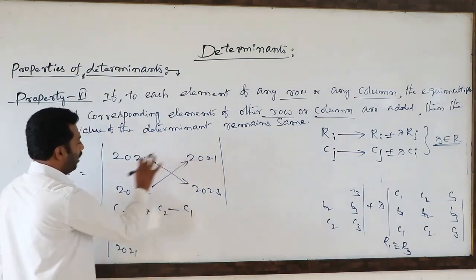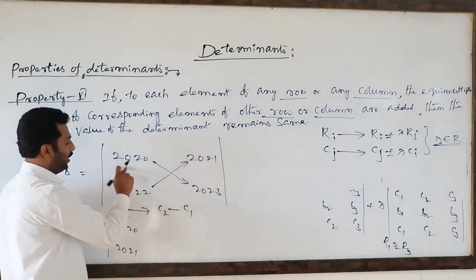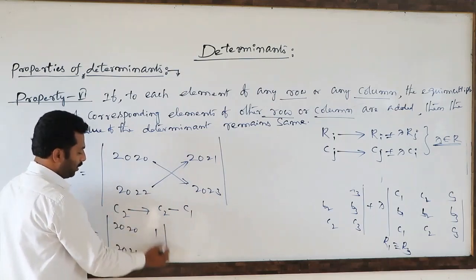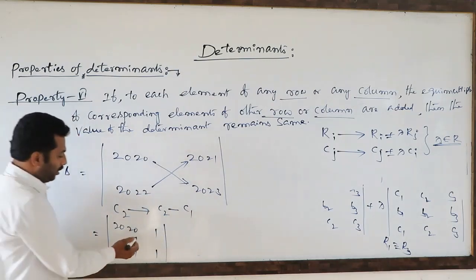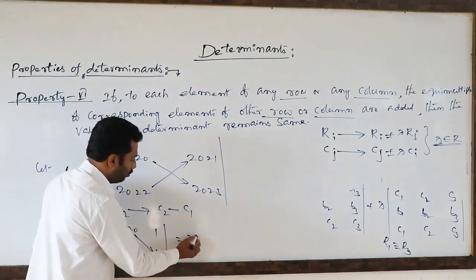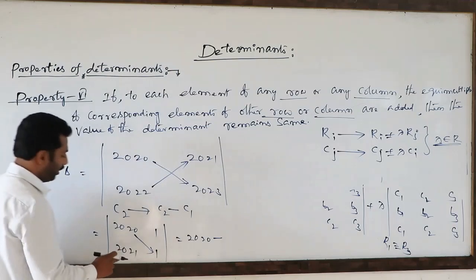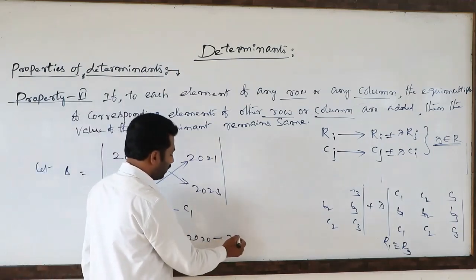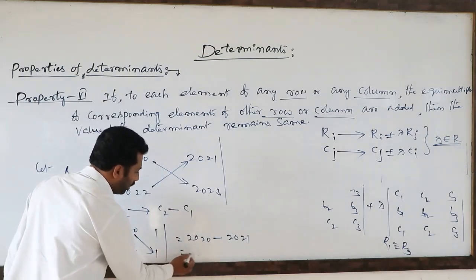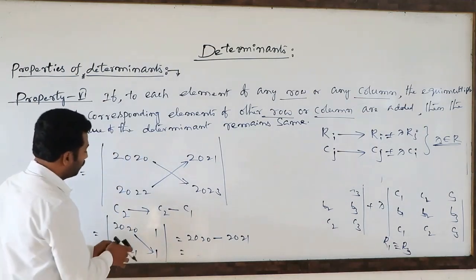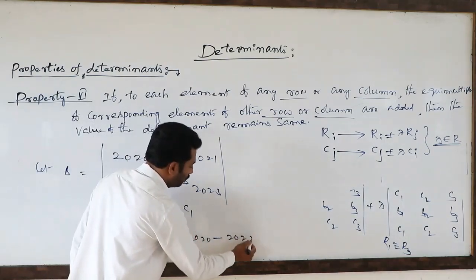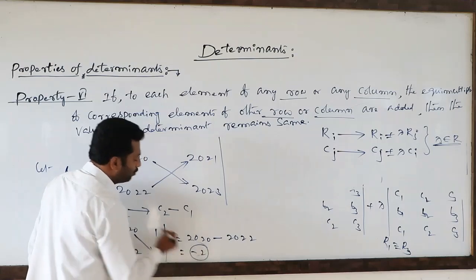Then C2 minus C1 means 2021 minus 2020, which is 1, and this is also 1. Now the product of the principal diagonal elements, 2020 times 2022, minus the product of the other diagonal elements, 2021 times 2021, gives minus 1 as the answer.